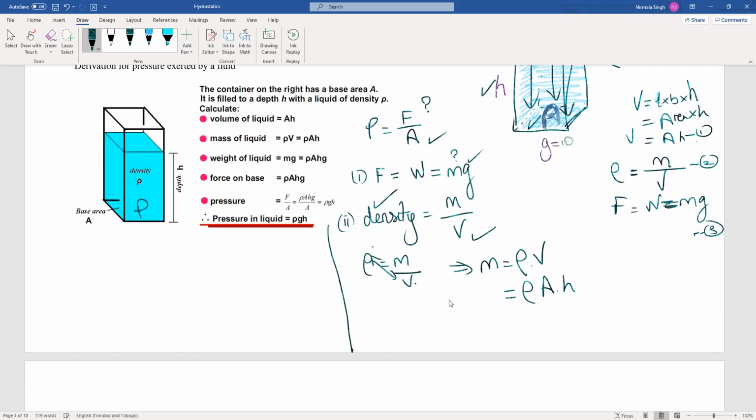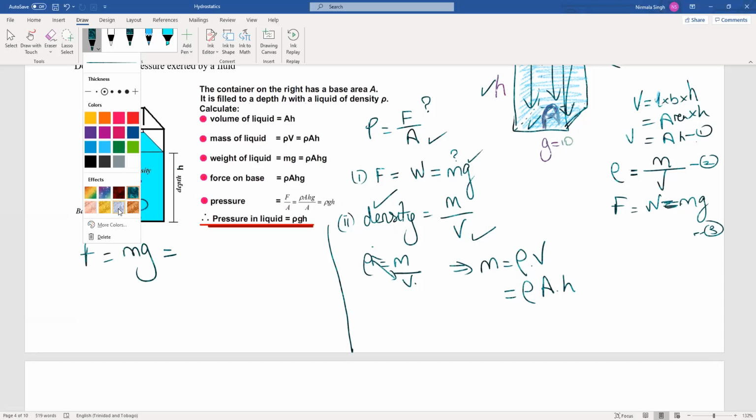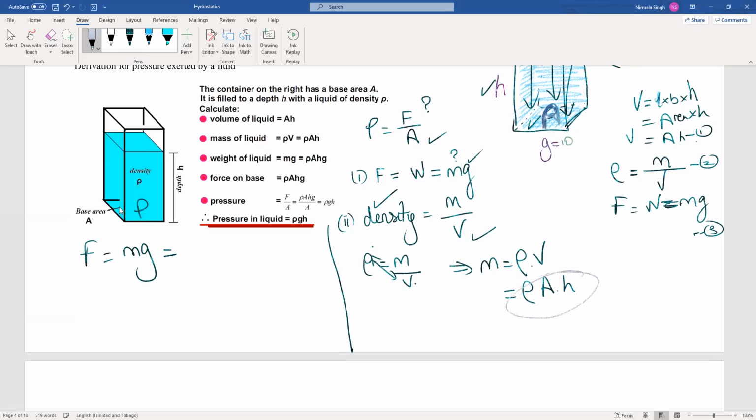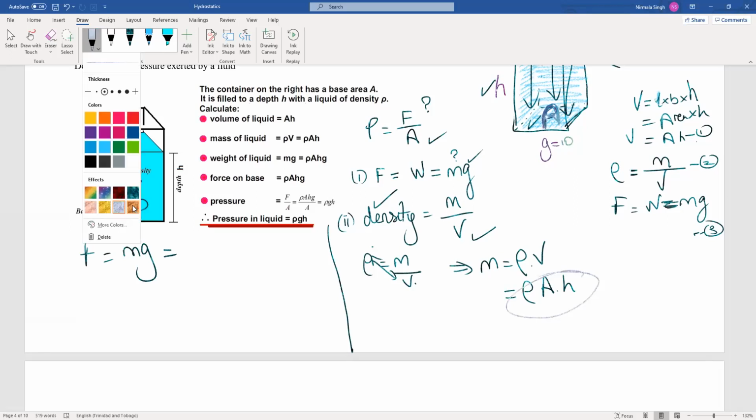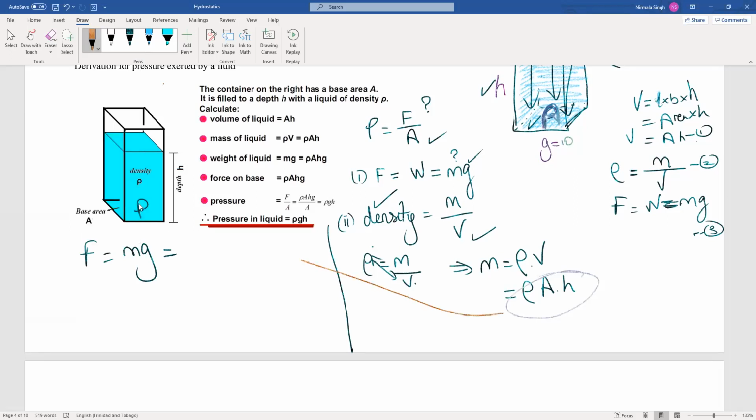So continuing on, let's go back here. Force is equal to mg. We now have an expression for m, so we can take that expression and substitute it in.